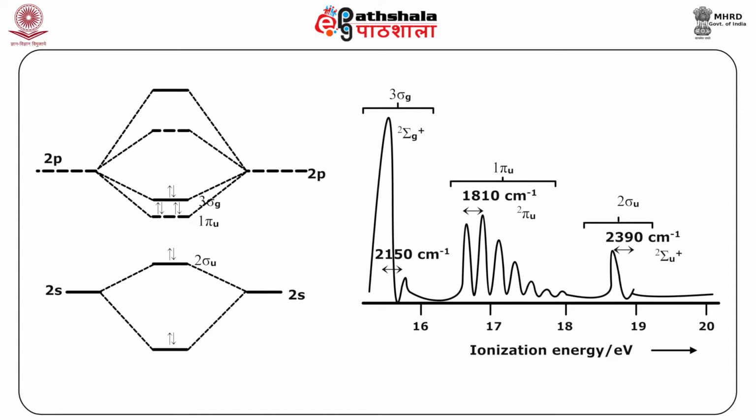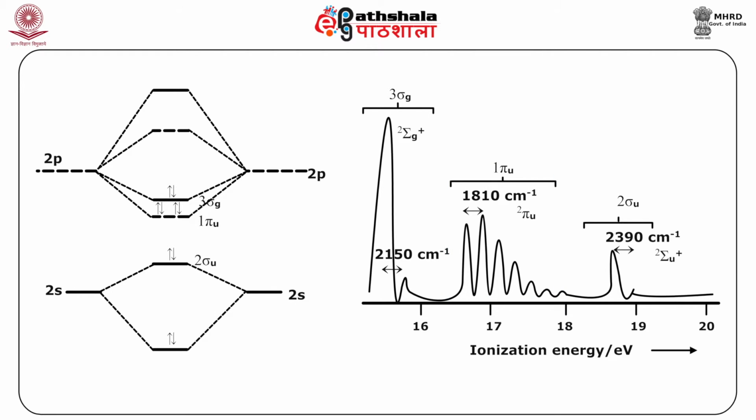This is also seen from the equilibrium bond length of the ion, which increases slightly to 0.1116 nanometer from 0.1098 nanometer in the molecule. Now, you contrast this with the band at 16.69 electron volt, which shows considerable fine vibrational structure and a significantly decreased vibrational spacing of 1810 cm⁻¹.